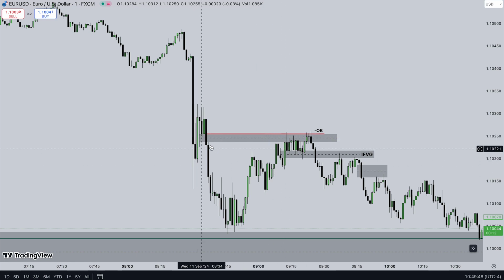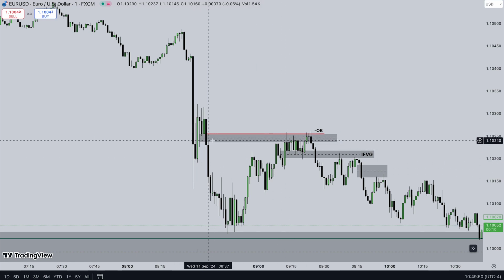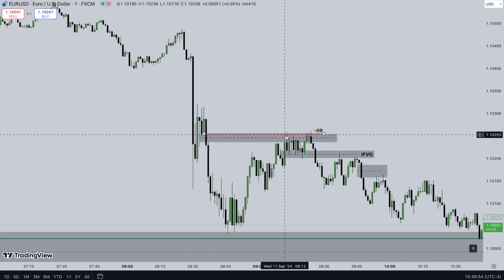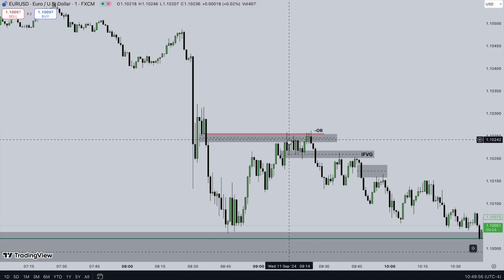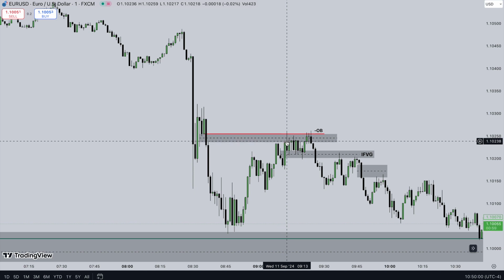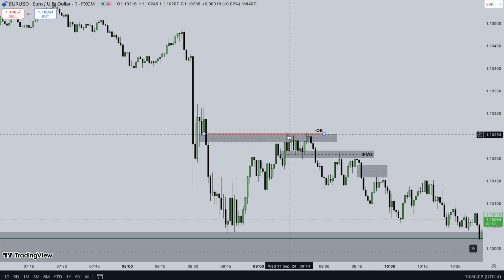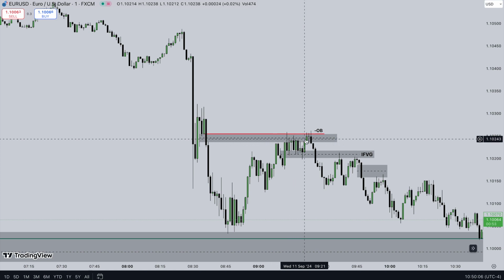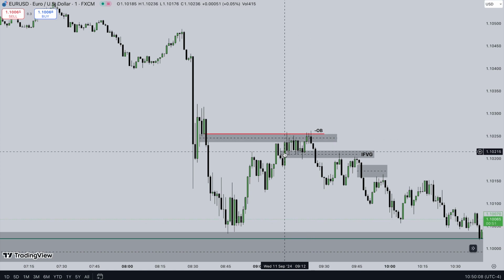After price retraced, it came into this inefficiency as well as this bearish order block, and my entry was right on this black candle. As you can see, I entered around right here in the inefficiency. I didn't wait for the order block to be super precise, but I entered here. Price started to consolidate.